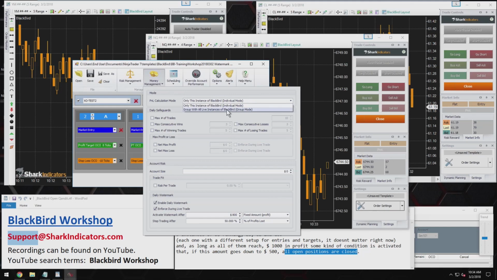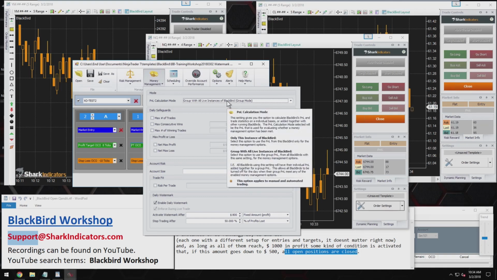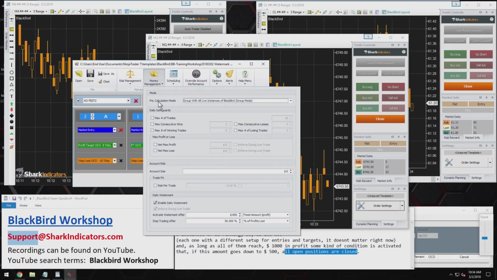And if we use group mode, then these money management rules are being compared to the group net profit total of all the other Blackbirds running in group mode. So the other Blackbirds have to be running in group mode too to be included in this group mode net profit and loss calculation. All right, so there we go.